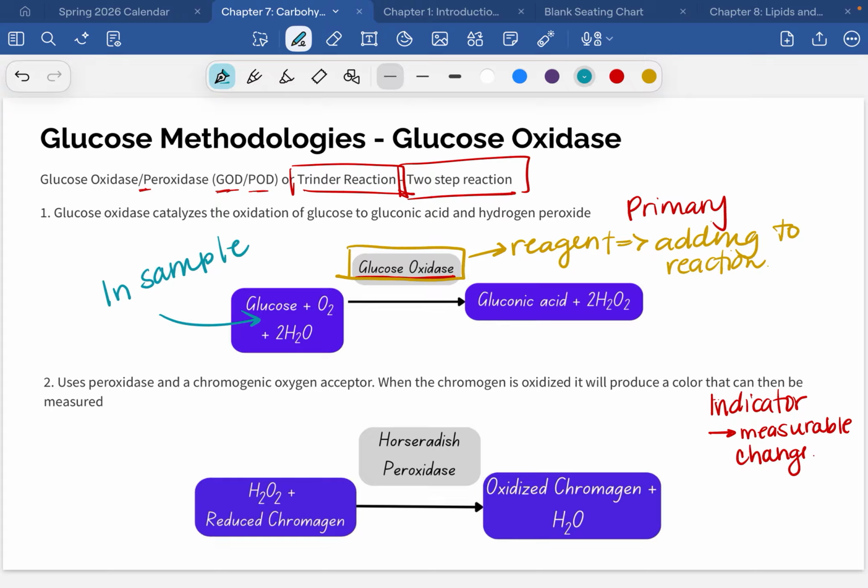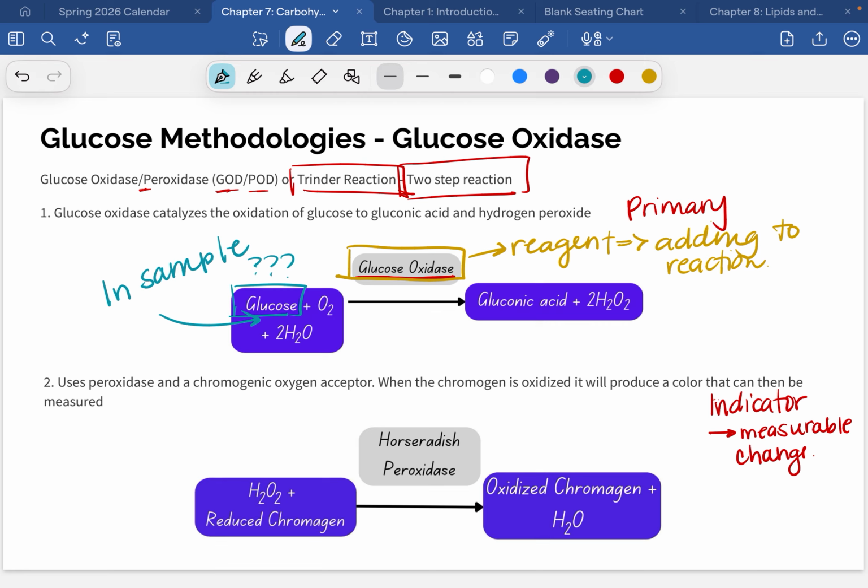And always try to remember what our goal is here. We're taking this person's blood and we are figuring out how much glucose there is. That is our final goal. We know that there's glucose there. How much is there? So in order to figure that out, we add this reagent, this glucose oxidase.